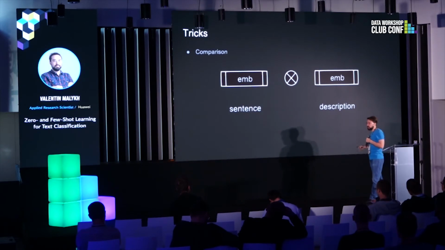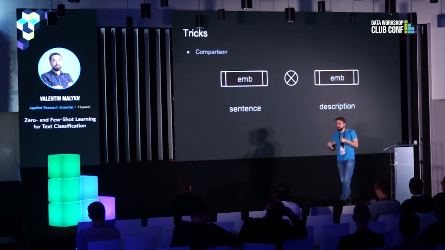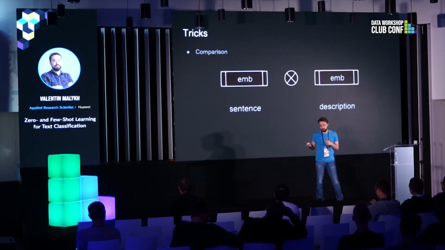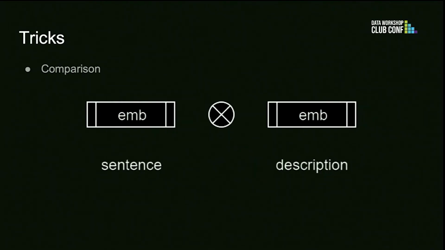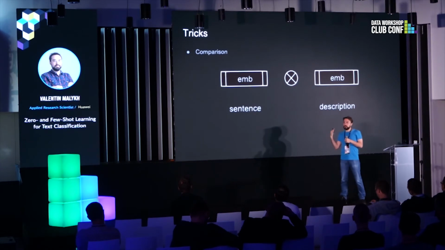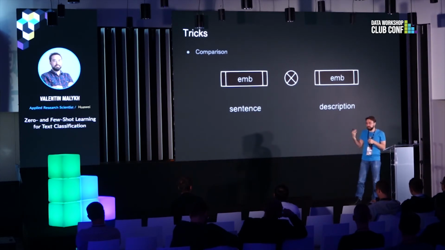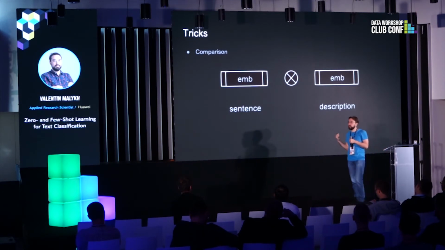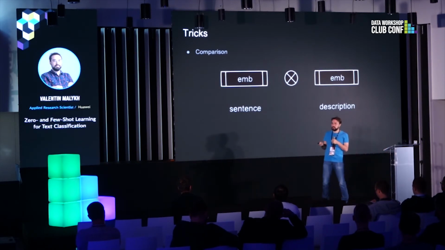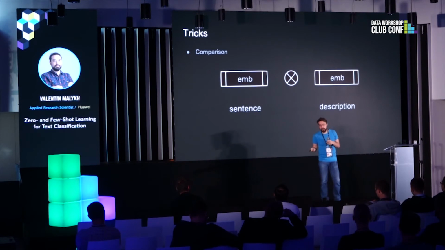As you remember, we need a markup to extract the data. So we have an embedding for the sentence and an embedding for the slot description, and we use comparison to produce the actual markup. So we have produced the markup, and we have produced a CLS token embedding for classification. In our case, this is intent classification.